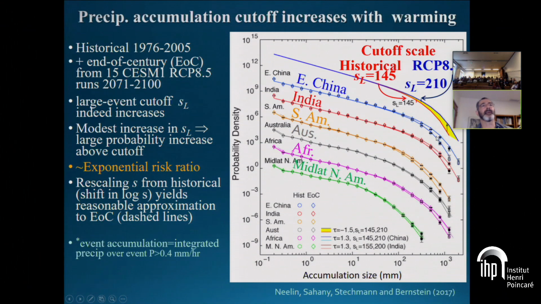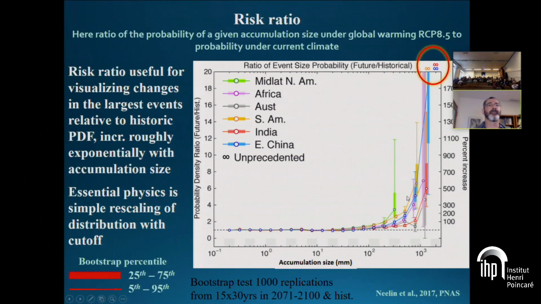And this is on a log scale, so a factor of 10 is shown by this arrow here. So you're getting fairly large changes in the extreme events. And in fact, if you do a risk ratio, it goes up roughly exponentially and can reach 1,000% increase in the very largest event in the climate model projections.